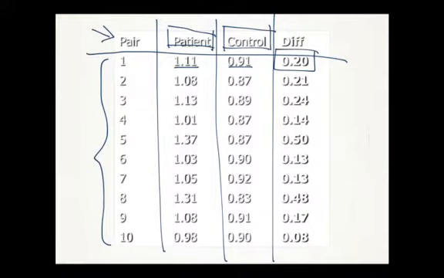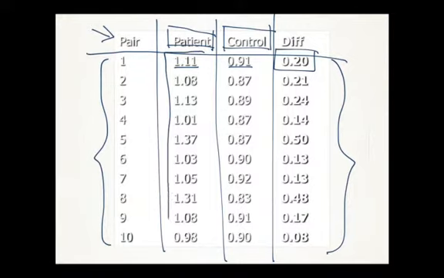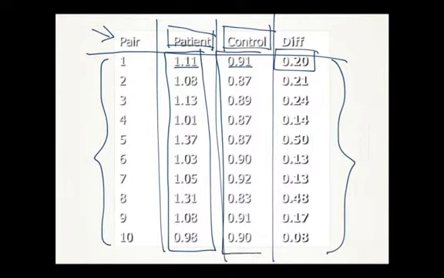But as I scan down here and look at the differences, it turns out all of these differences are positive, right? There's no negative differences here, and that means that all the patients had higher values across the board than the controls did. So it really does look like there's a difference between patients and controls. Namely, it appears that the patients have higher values consistently.